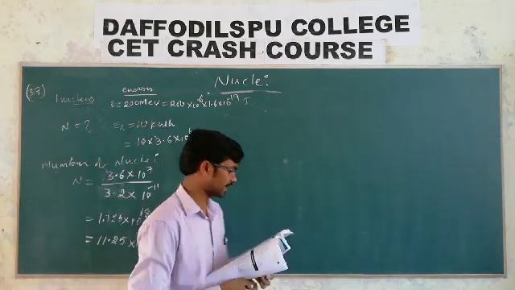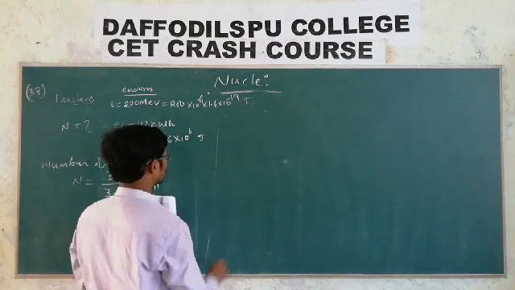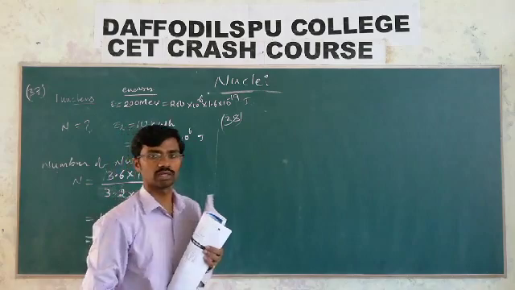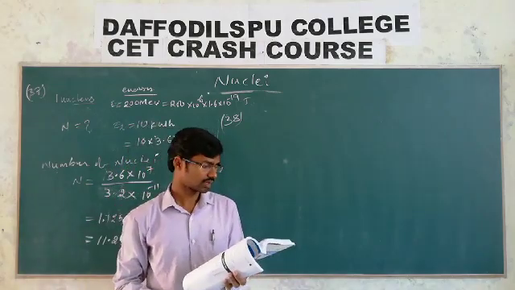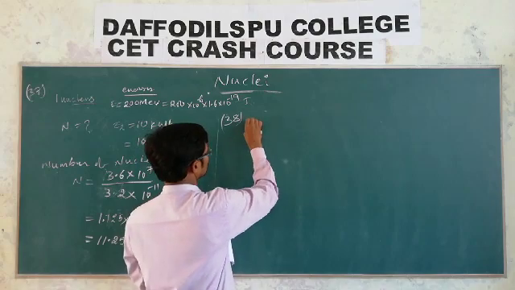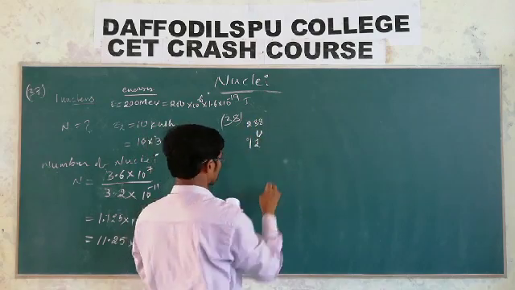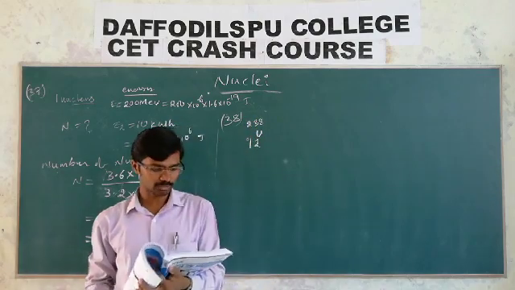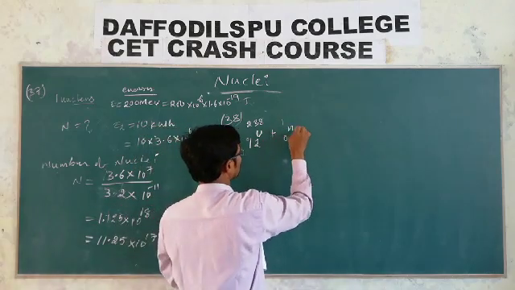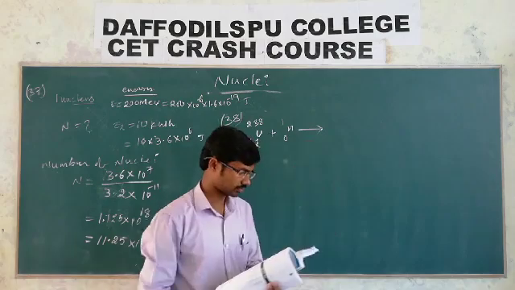Let me go for the 38th one. 92 uranium 238 absorbs a neutron, 0 n 1. It absorbs a neutron.